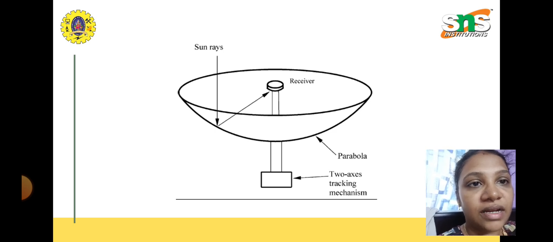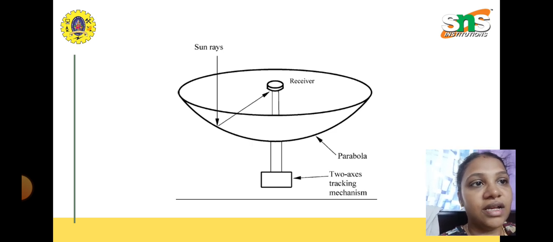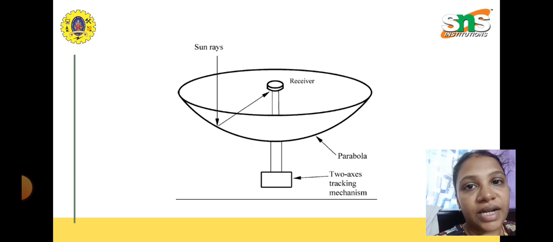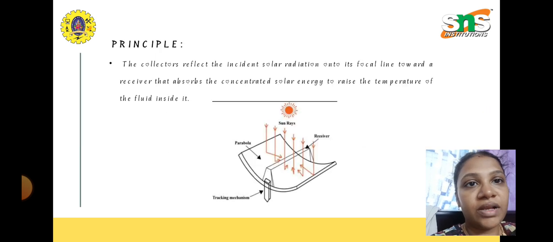The dish containing the solar panel is in the form of a parabola. So this is just a simple image of how a parabolic solar dish looks.